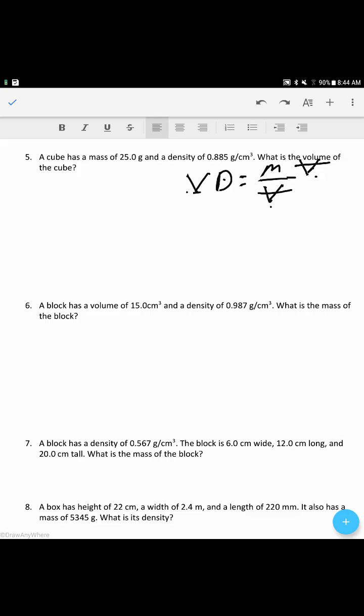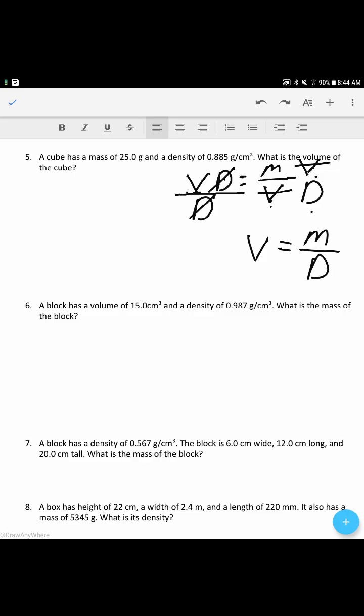We have VD equals M. So we want to do another step and get V by itself by dividing both sides by D. This D's on top, this D's on bottom, they cancel out, and we're left with this D over here. So our final equation is V equals M over D.